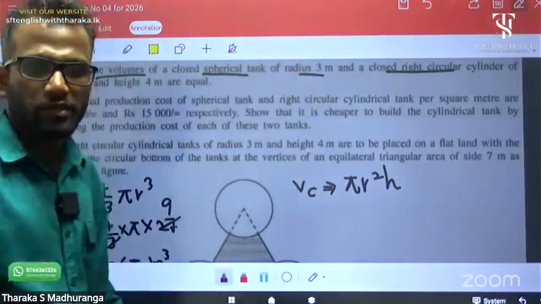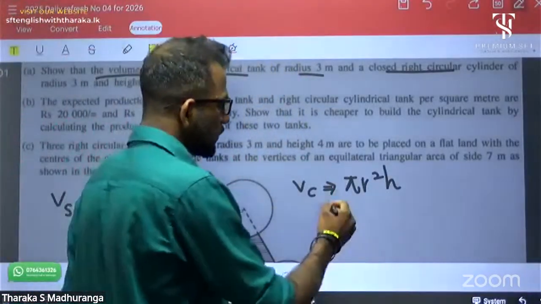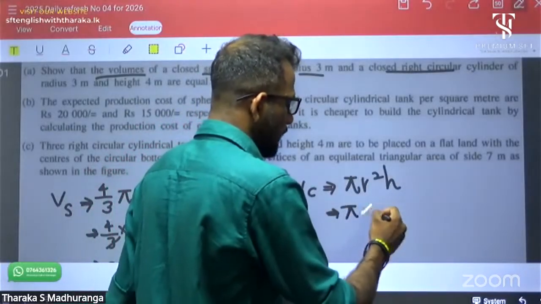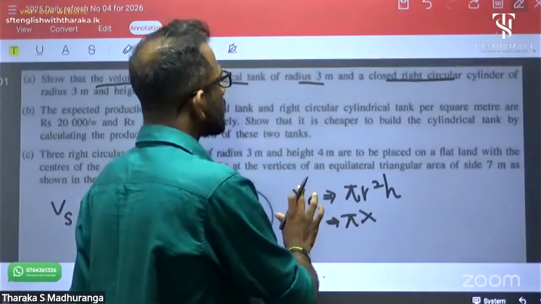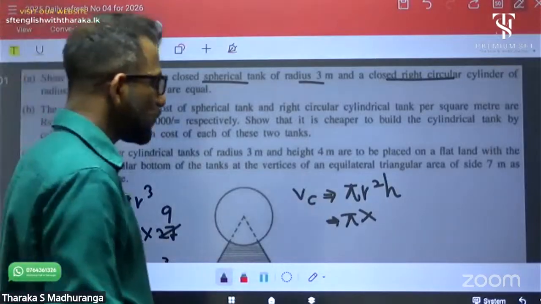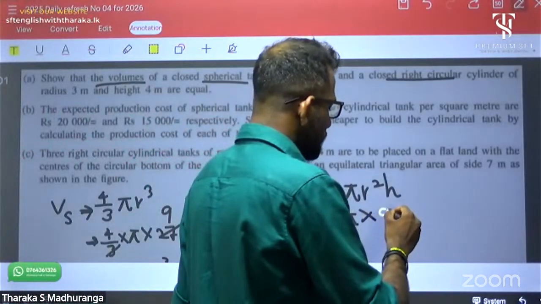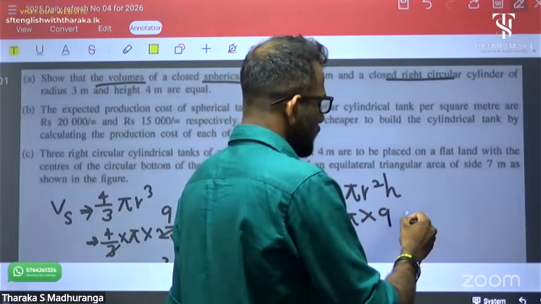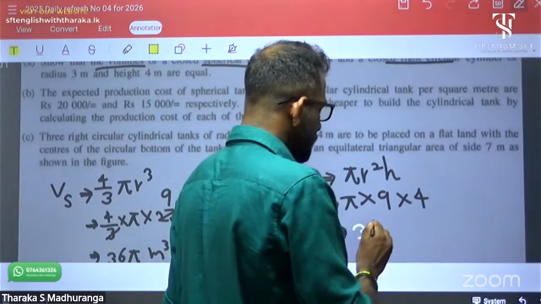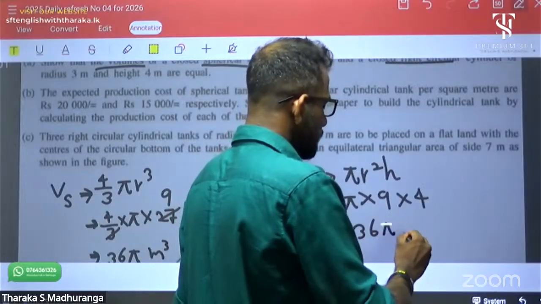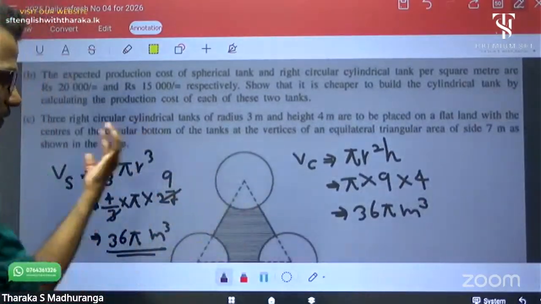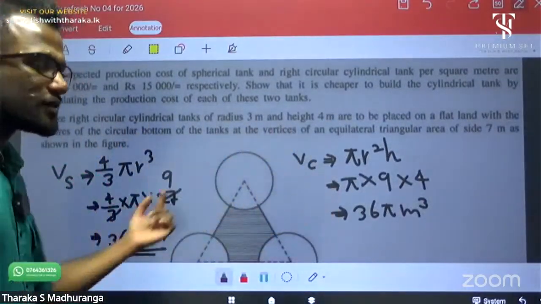Keep pi without multiplying, then r squared. Cylinder radius 3 and height 4. R squared means 9. Height 4. 9 into 4 again 36 pi cubic meter. Now you can see the answers are the same.